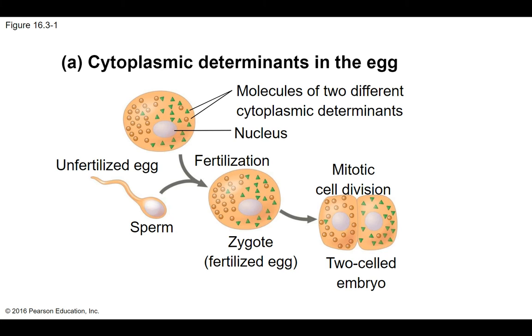And if these green triangles and red circles are signaling molecules that then go into the nucleus of those new cells and start turning genes on and off, that's going to influence those two cells to develop differently. This is a simplified version of this process, obviously, but this is part of where those signals come from. Some of them are already in the egg cell when fertilization happens. Questions about that?